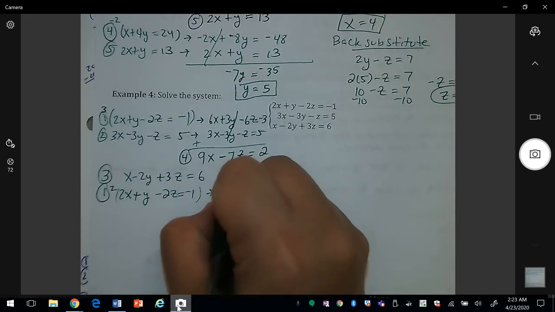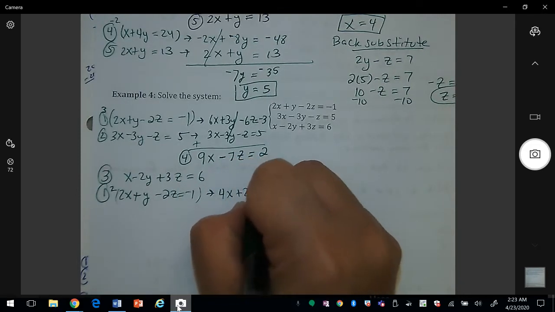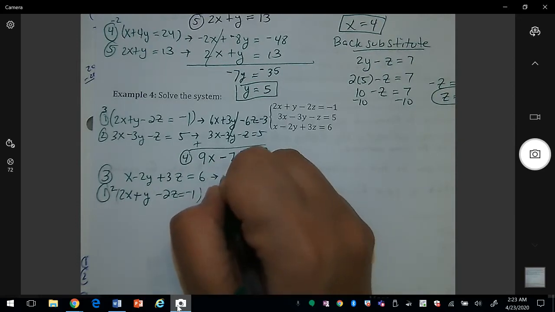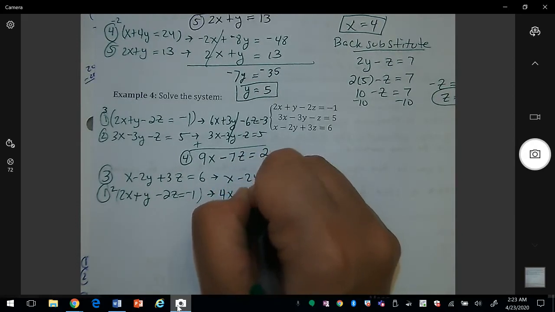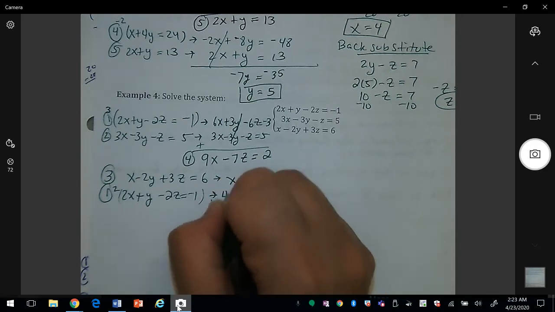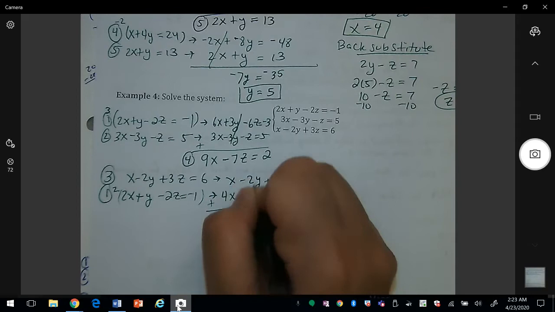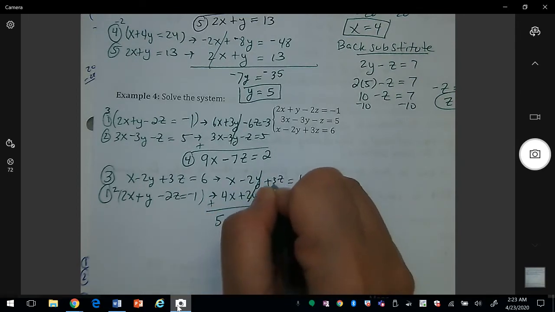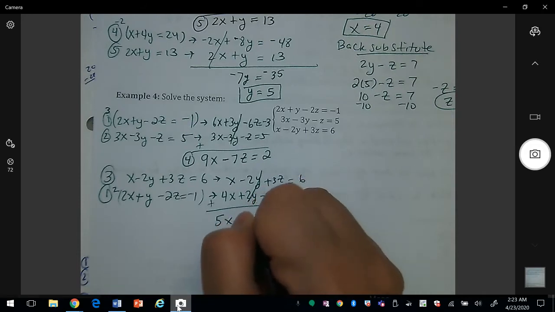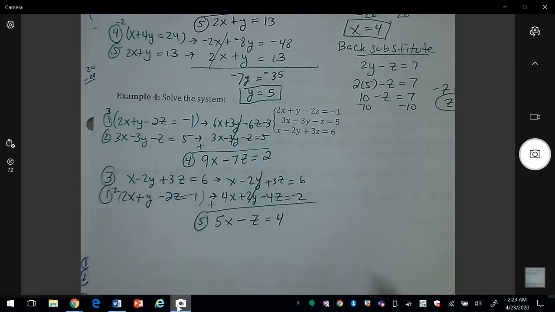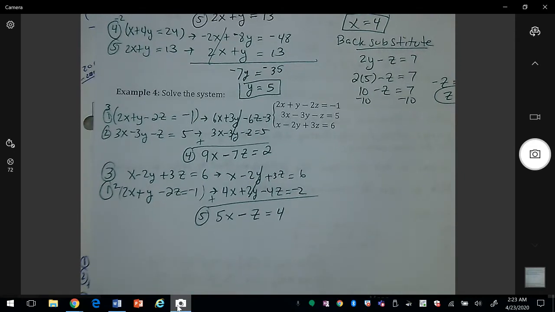So this is 4x plus 2y minus 4z equals -2. This one remains the same. 4x plus x is 5x. Y gives me 0 minus 3z. 3z plus -4z is -z. 6 minus 2 is 4. So that's equation number 5.